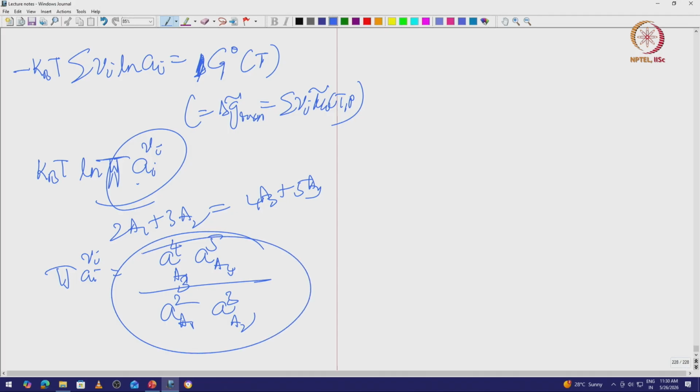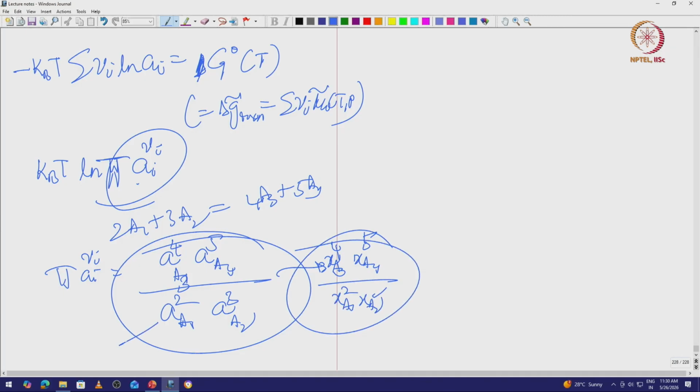If these are all ideal solutions, I can write activities as just compositions, so x A3 power 4 x A4 power 5 over x A1 power 2 x A2 power 3.